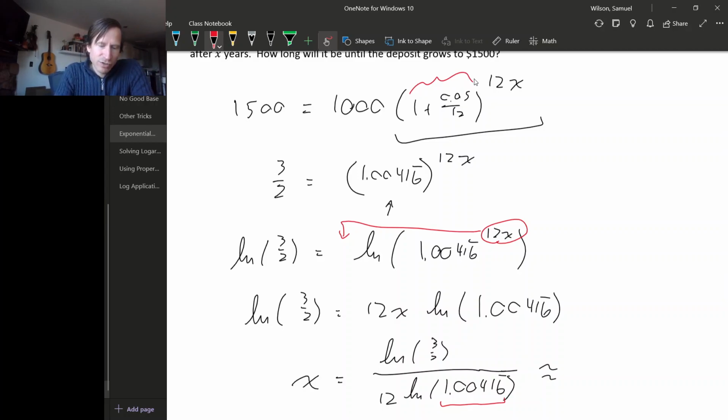So let's see, natural log 3/2 divided by, and careful about parentheses, 12 times natural log of 1 plus 0.05 over 12. Okay, now I have to be careful to close all my parentheses and then hit equals. Okay, I get 8.126, and this is in years. All right, so it's going to take a little more than 8 years for that money to grow by half.